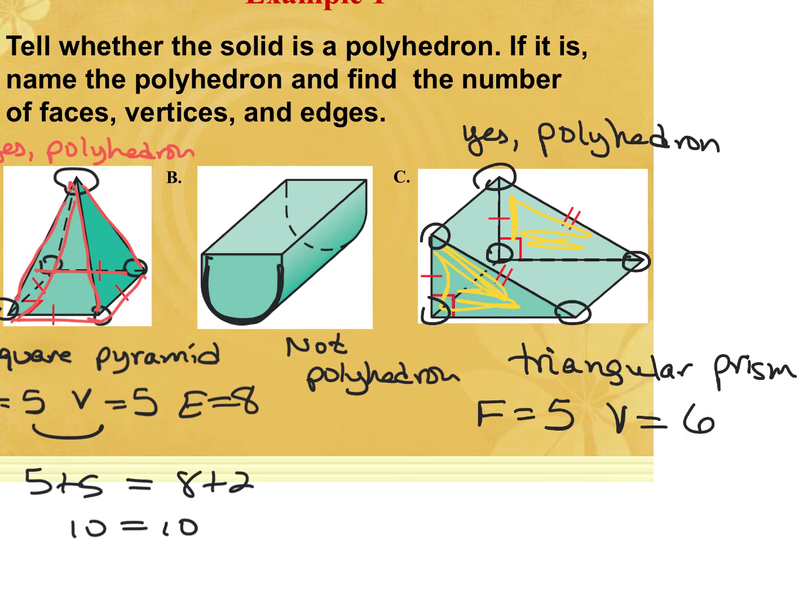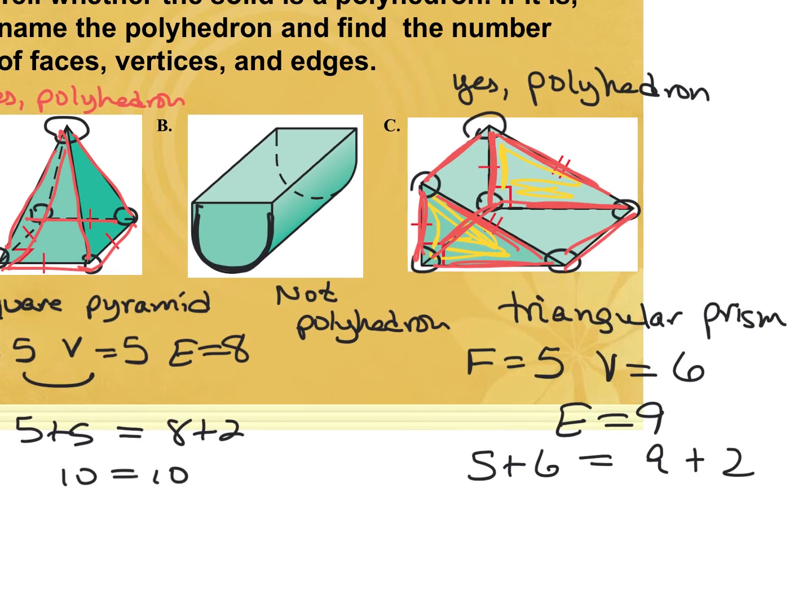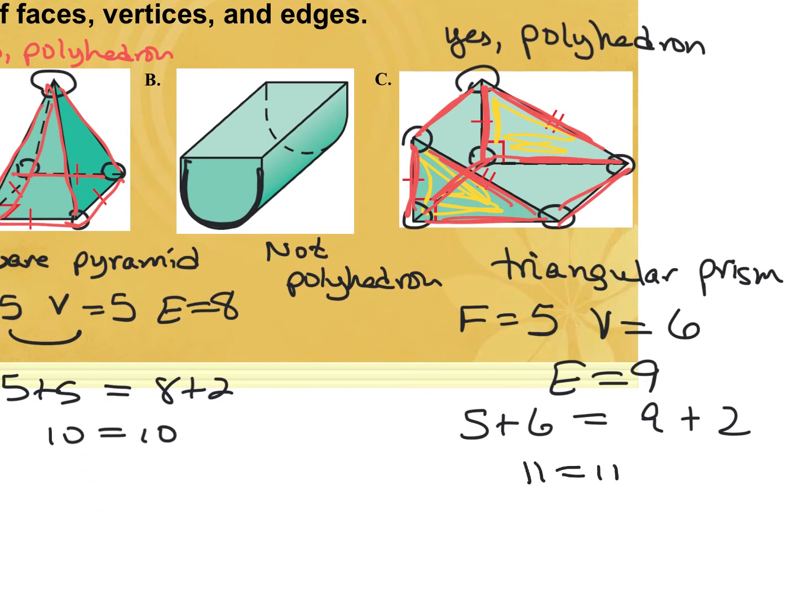And now edges, my edges are here. 1, 2, 3, 4, 5, 6, 7, 8, 9. 9 edges. So now faces plus vertices equal edges plus 2. 11 equals 11. I counted my faces, vertices, and edges correctly.